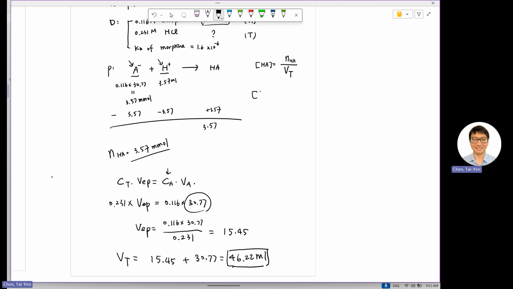Therefore, you know the weak acid concentration can be computed as 3.57 millimole divided by 46.22. And then this will give you a number of 0.0772.